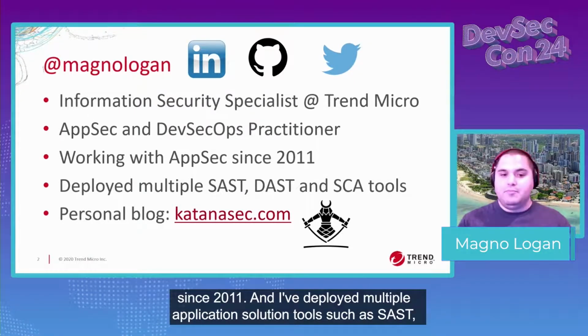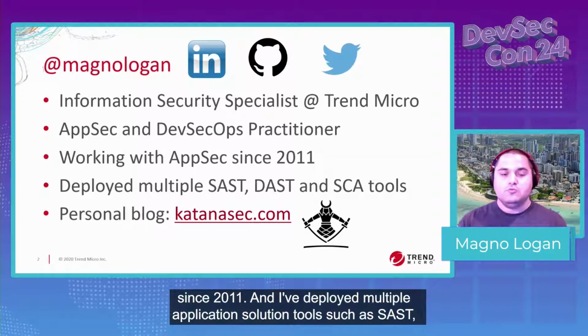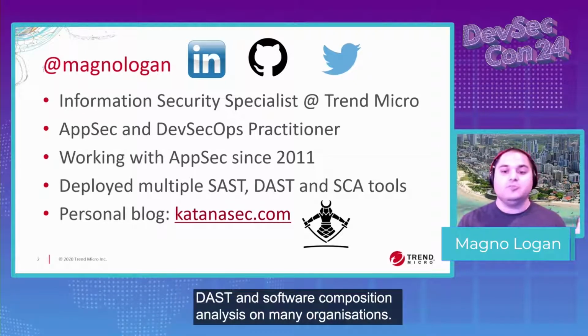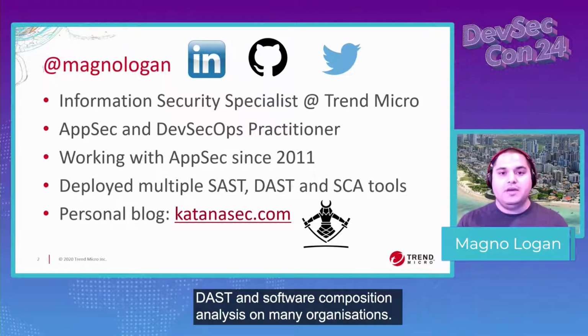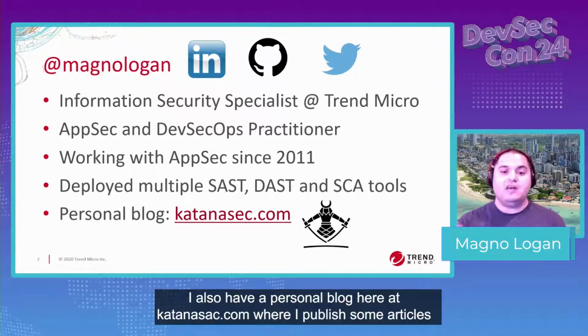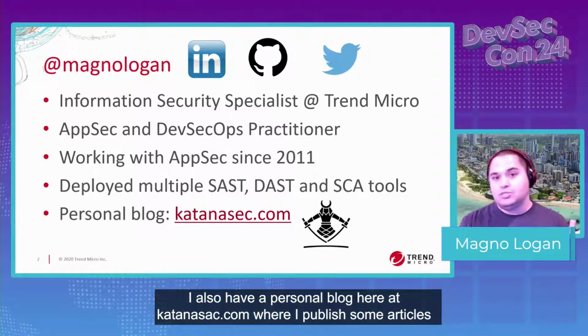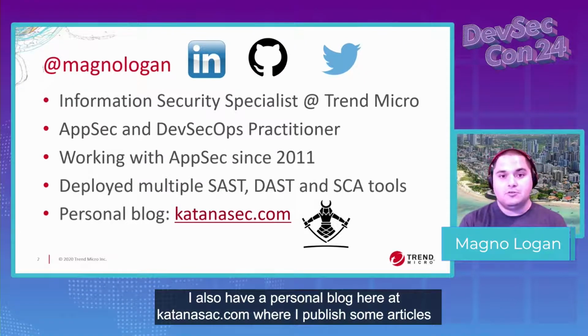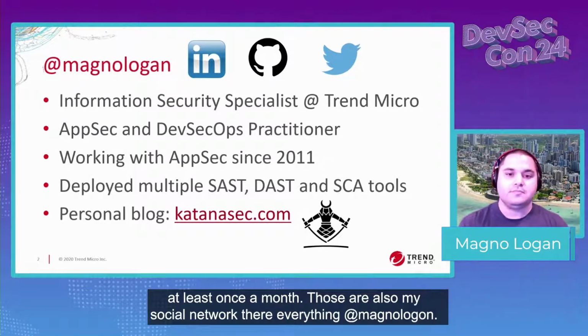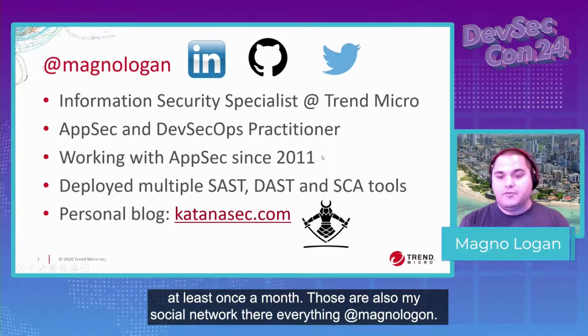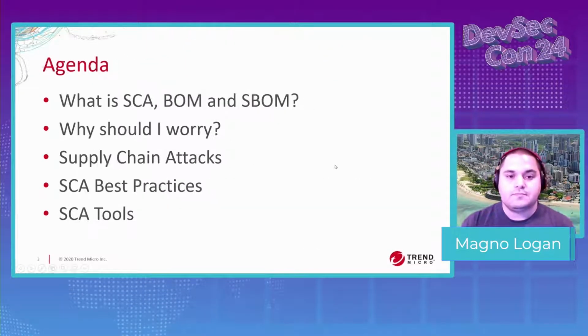And I've deployed multiple application security tools such as SAST, DAST, and software composition analysis in many organizations. I also have a personal blog at katanasec.com, where I publish some articles at least once a month. Those are also my social networks there, everything at Magno Logan.